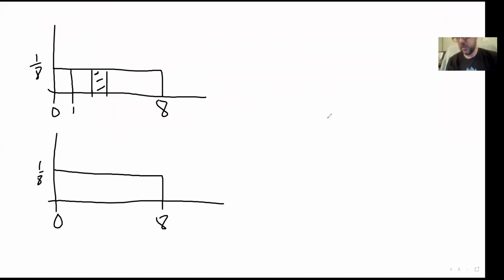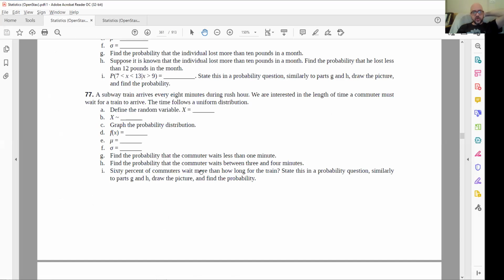It's one of two things: either like this with 40% on the left and 60% on the right, or like this with 60 on the left and 40 on the right. The question is really which one. It's got to be one of those two. So let's read it again: 60% of commuters wait more than how long for the train? Well, more than is to the right.